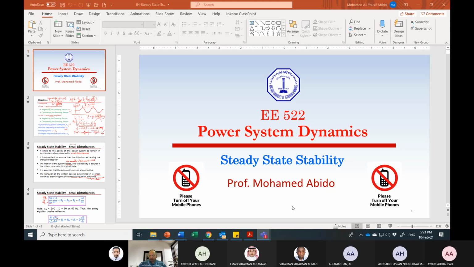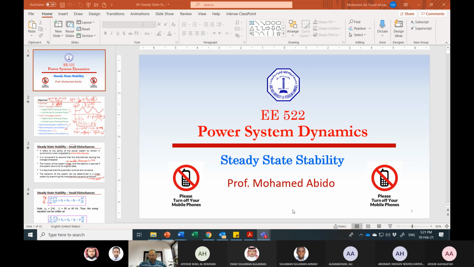In this case, the system is stable or steady state stable. So this is of course different than transient stability. We will discuss it after that, inshallah, and also dynamic stability.